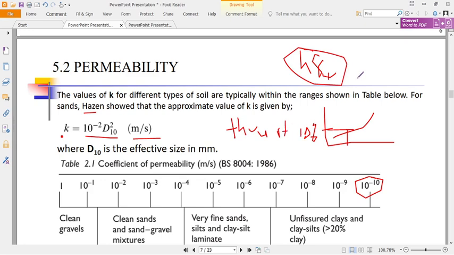Now, if the thrust is greater than the effective stress, what happens? The material will start heaving, or it fails by piping.